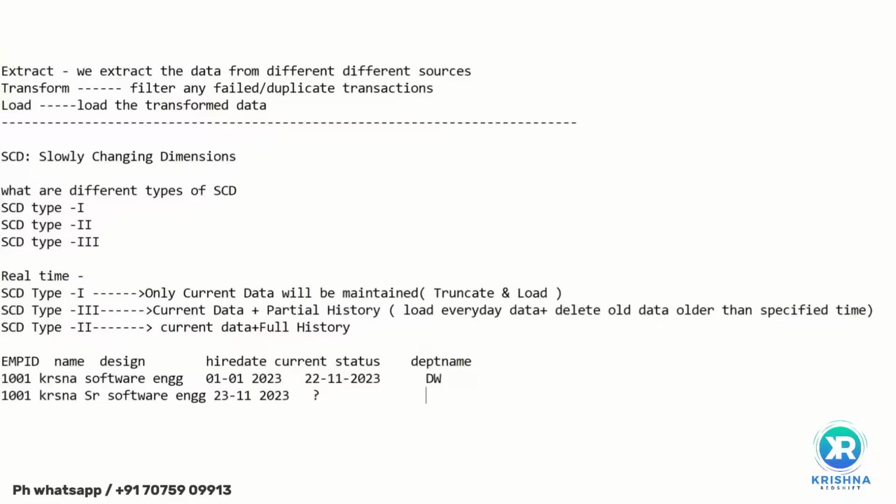With the promotion he internally shifted and changed to something like data scientist or data engineer. Then the department name will be data engineer or data scientist. So in the new record you will be able to see which department he is currently in.